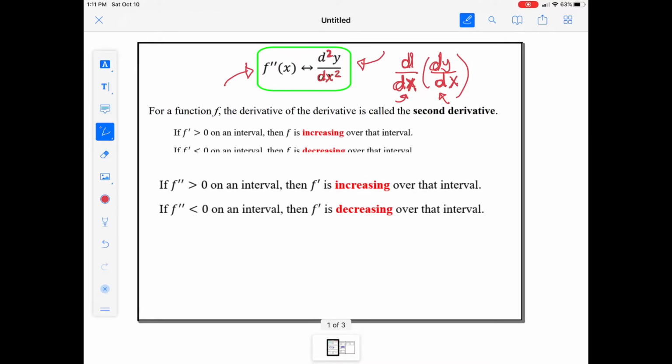Now what you have, it's a little cut off, but you can still read it. We covered this with the first derivative. You may remember, we know if our first derivative is positive, if f prime is positive, then f must be increasing. f has to be going up. And if f prime is negative, then we know the original function must be decreasing.